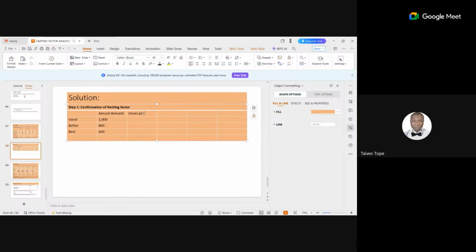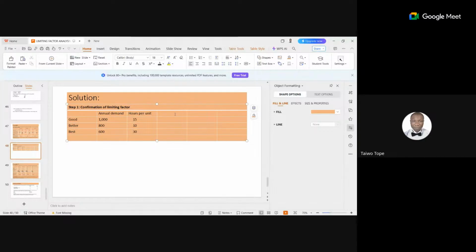Hours per unit is what? For good is 15, for better is 10, and for best is 30.